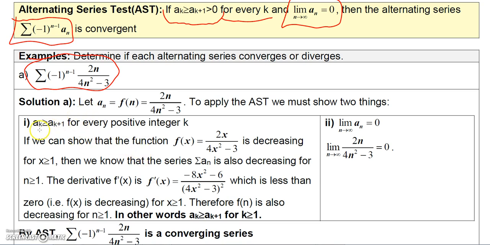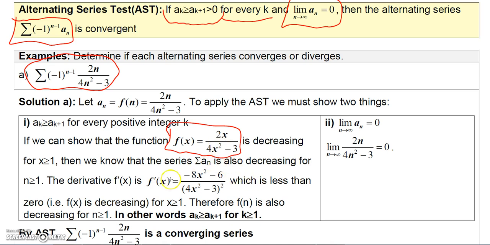So I'm going to get a function that corresponds to that series. The series is 2n over 4n squared minus 3, and the corresponding function would be 2x over 4x squared minus 3. I'm going to see if this function is decreasing, because if it is, then this part up here would be satisfied.